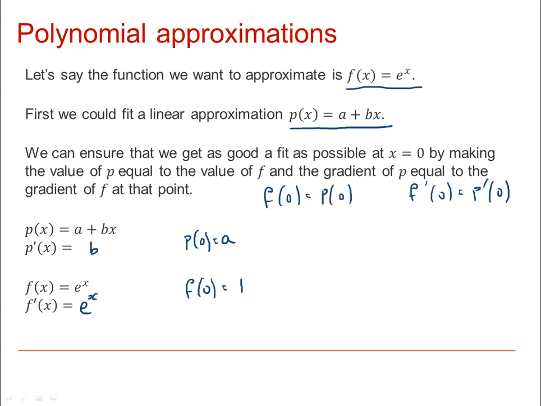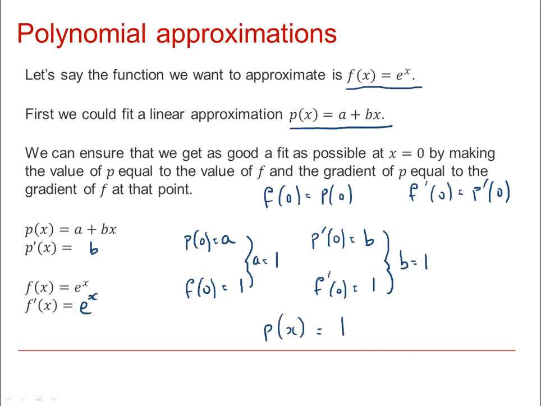And therefore we have that these mean that a must be equal to 1. P dashed of 0 will be equal to b, and f dashed of 0 will be equal to e to the 0 again, which is 1. And therefore b equals 1. So we can say that our linear approximation, p of x, must be equal to 1 plus 1x.